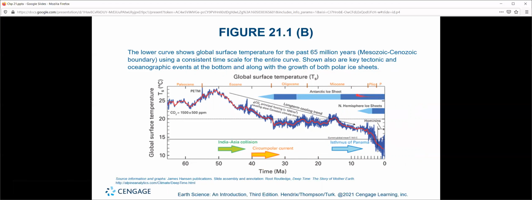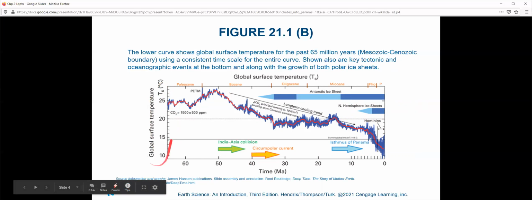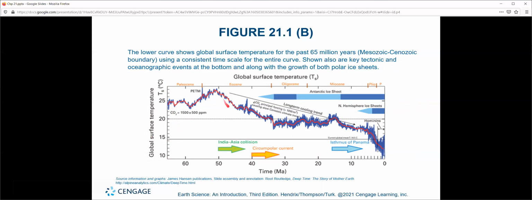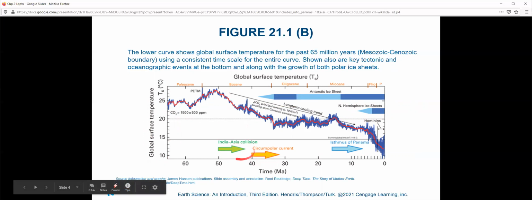And up here we have the Antarctic ice sheet forming, and in the northern hemisphere, ice sheets forming. We can see the temperature shown here in degrees Celsius being very warm, but these ice sheets start to build, and these tectonic activities start to happen, causing CO2 forcing in the downward direction, thus reducing the temperature.